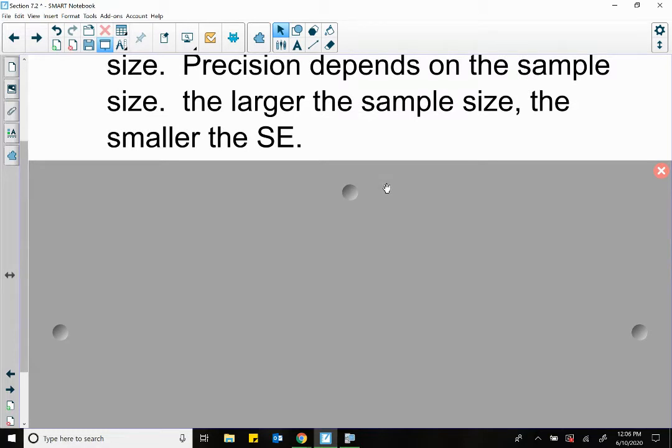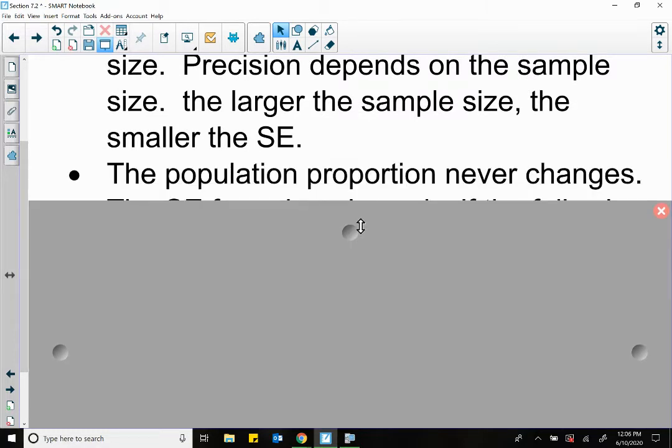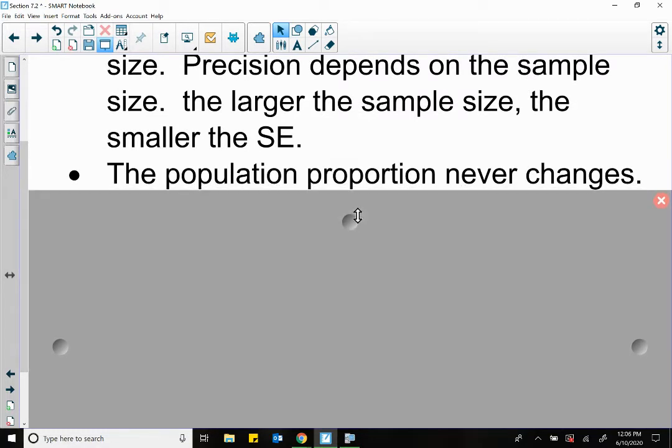All right? Other things. The population proportion never changes. That's important. Your population proportion always stays the same. It is your sample proportion that changes because when you sample, different things happen on different samples. Okay? Remember, samples that were taken are like surveys.